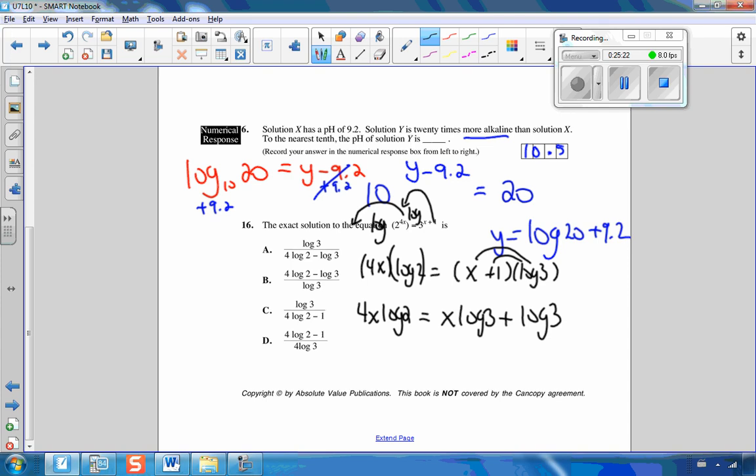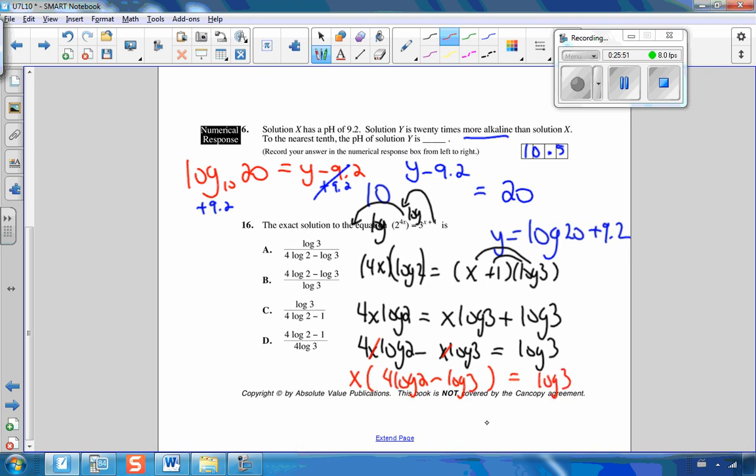Okay, so what I'm going to do is subtract x log 3 from both sides. So I'll have 4x log 2 minus x log 3 equals log 3. Now that I've got all my x's together, I will factor out an x, and I'm left with 4 log 2 minus log 3 equals log 3.